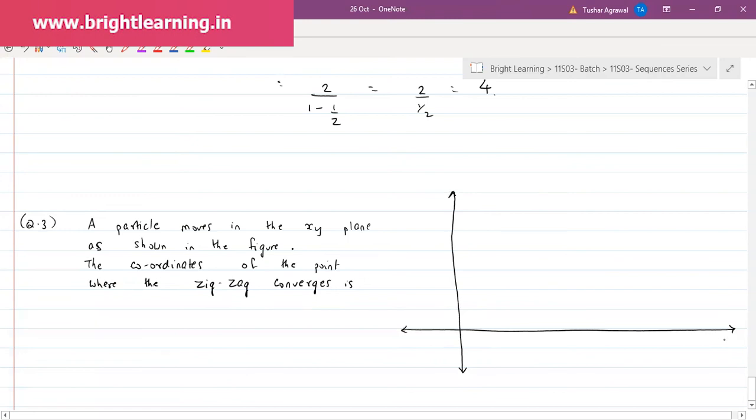This is my XY axis, and now the movement of the particle is something this way. Starts from the origin.